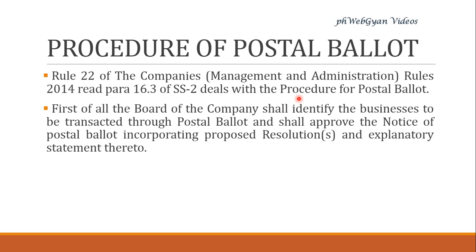Now what is the explanatory statement? It explains the rationale behind passing the said resolution through postal ballot. So first, the work of the board of the company is to identify the business and then approve the notice which shall state the proposed resolution and the explanatory statement to it.